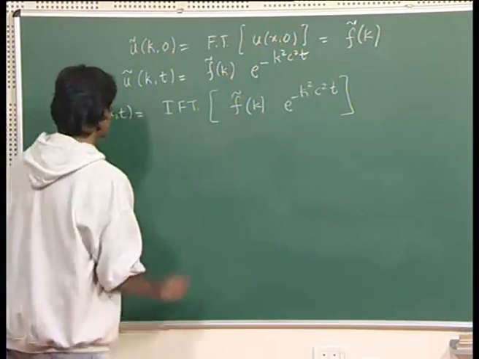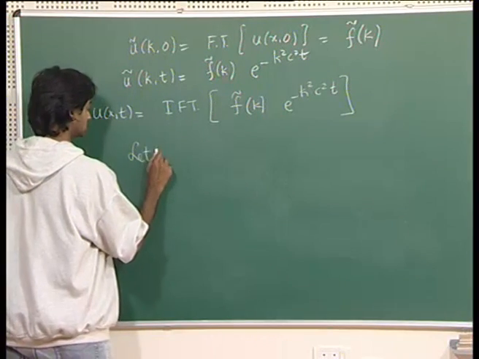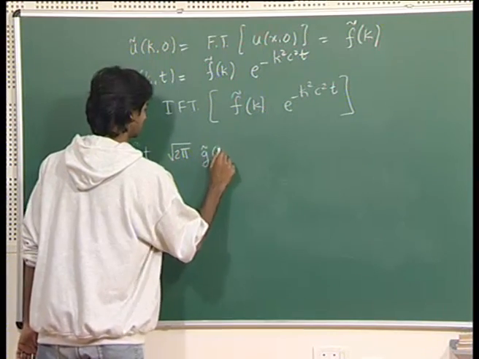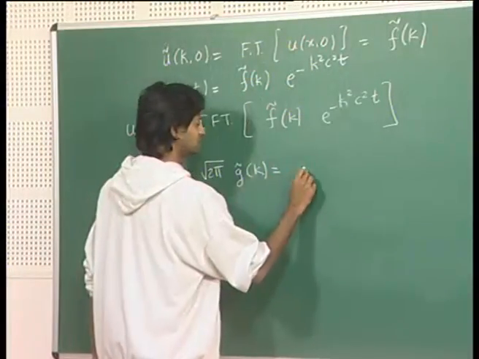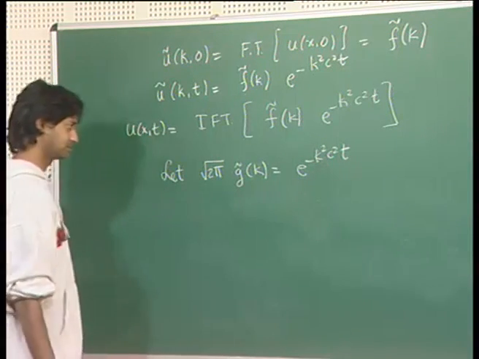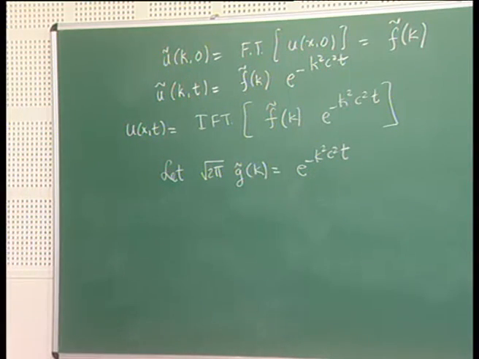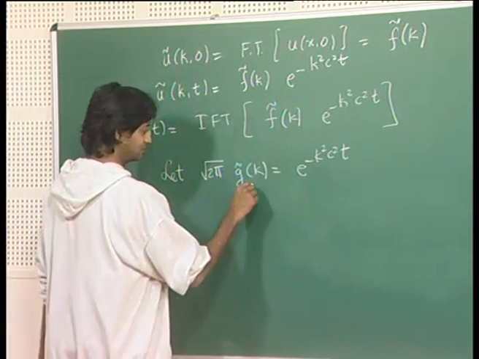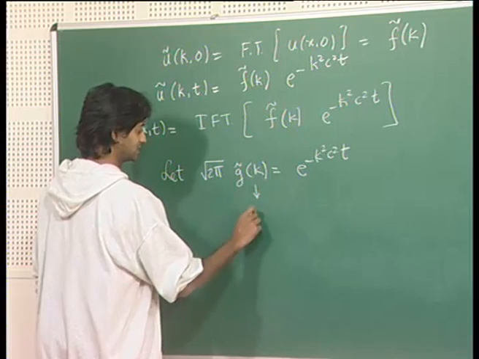Okay. So, let square root of 2 pi times g tilde of k be equal to e to the minus k square c square t. Then the inverse Fourier transform of this is g of x.